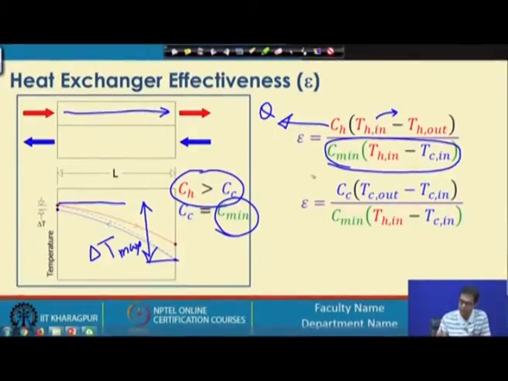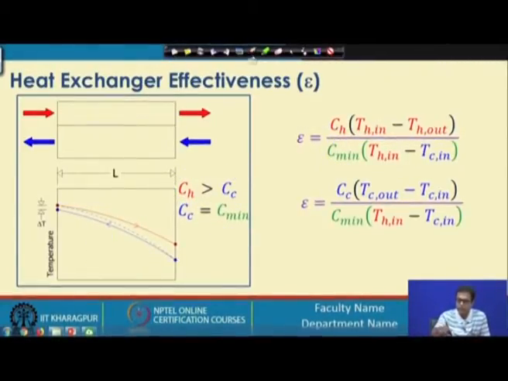We can also write the actual heat transfer Q in terms of the cold fluid enthalpy change. So, what we will find here is that the C C and C min terms cancel out in this expression, but we cannot cancel C H and C min. Okay.